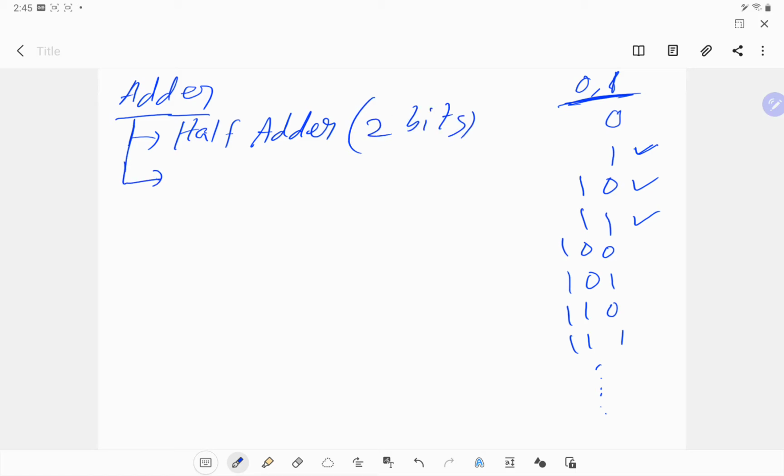On the other hand, the full adder circuit adds 3 bits. In this case, 1 bit comes as a previous carry from the previous operation. Let's start with the half adder circuits.